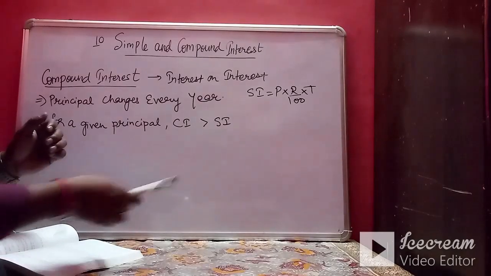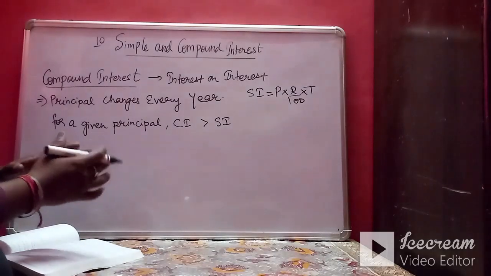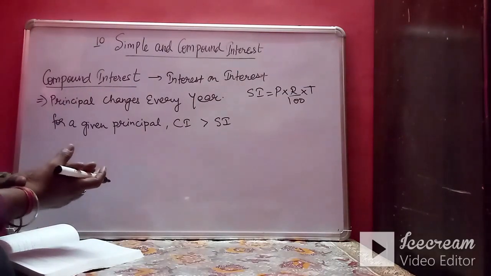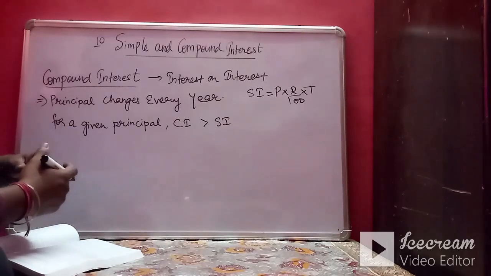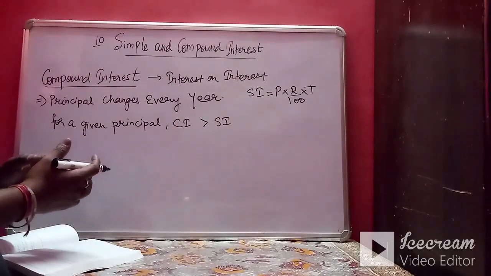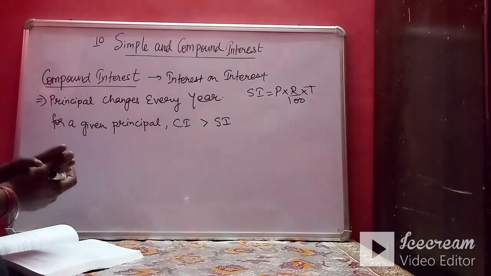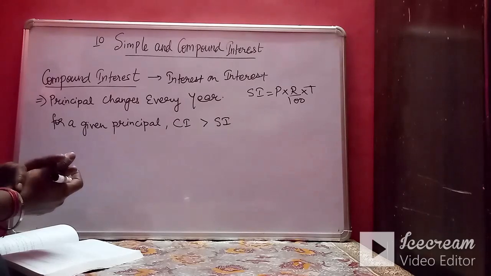In this formula, we are taking the time for the whole period for which the loan has been taken. But in case of compound interest, the time we take is not the whole time. The time will be either 1 year or one period, whatever may be the rate of interest.